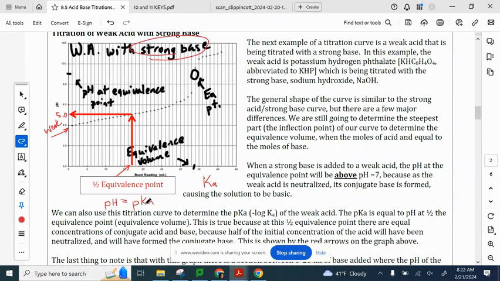Right? Because if you take 10 to the negative pKa, you now have Ka. Yes? Yes. Okay. And this is what a lot of the tables are listed as, and then you can identify what acid you're dealing with. Kind of cool.